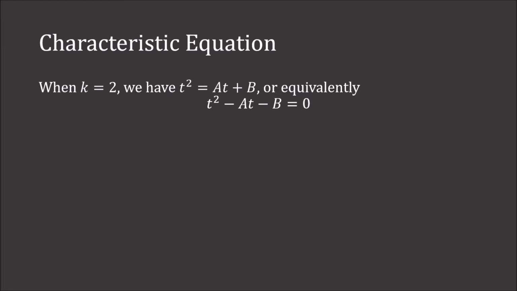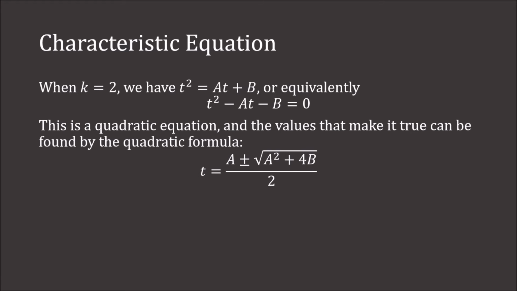Well, this is quadratic, and so the values that make it true can be found via the quadratic formula. t would equal a plus or minus the square root of a squared plus 4b, all over 2.